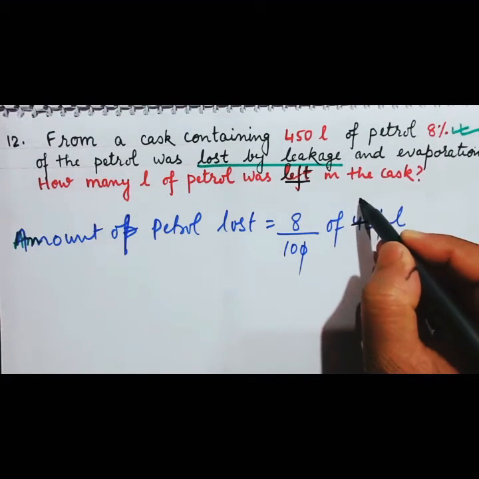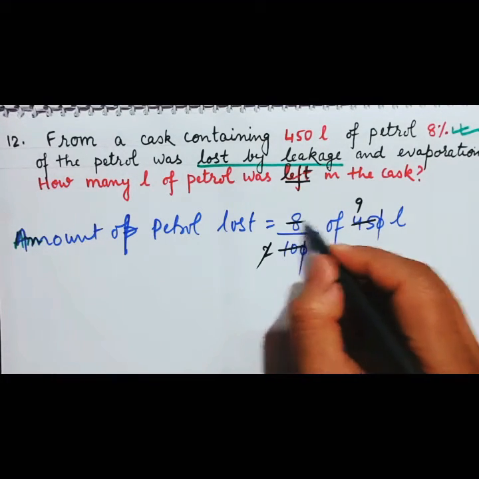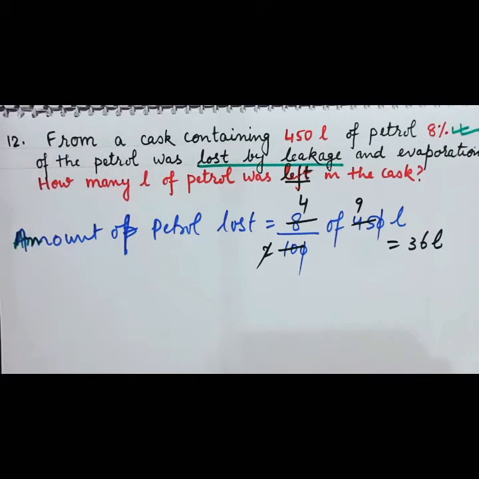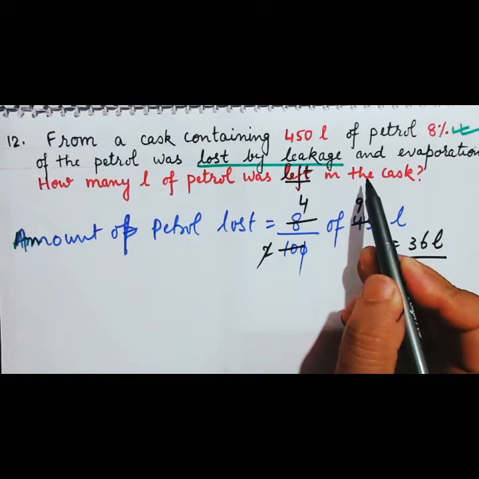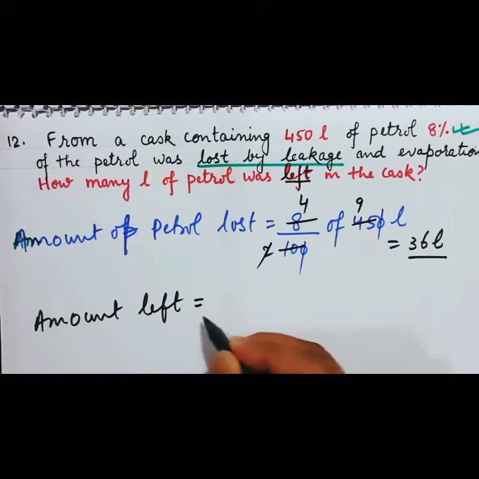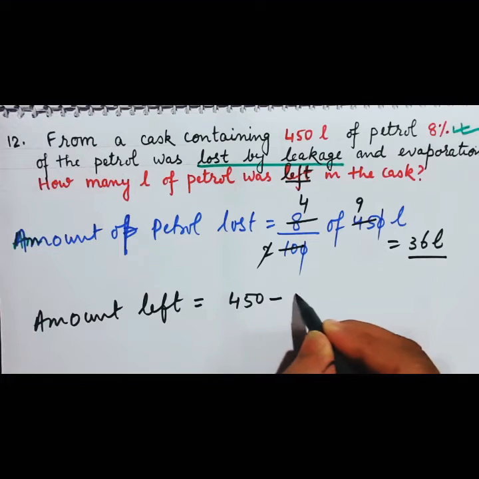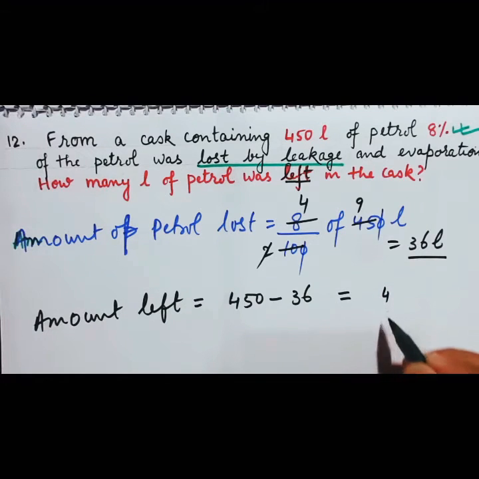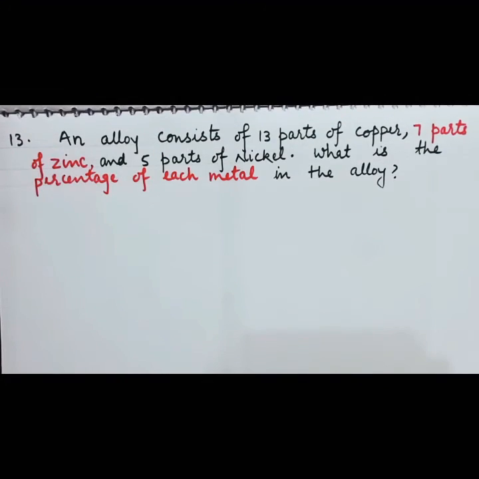You will get 8/100 times 450, which is 36 liters. So 36 liters of petrol is lost, isn't it? How much petrol was left in the cask? So amount left will be equal to 450 minus 36, which is 414. So here we have 414 liters of petrol left in the cask. Okay, so be happy with this left amount.